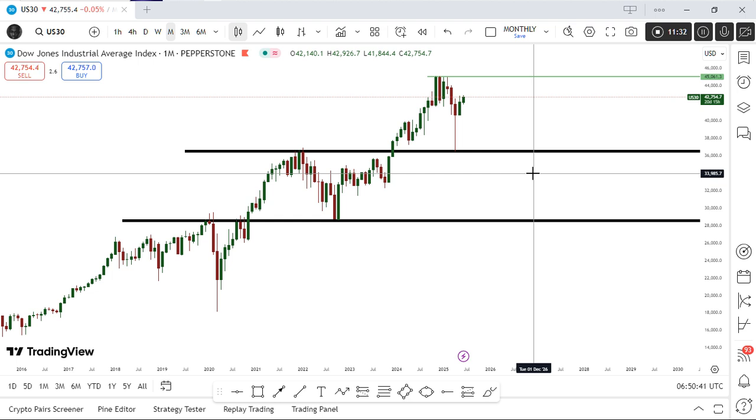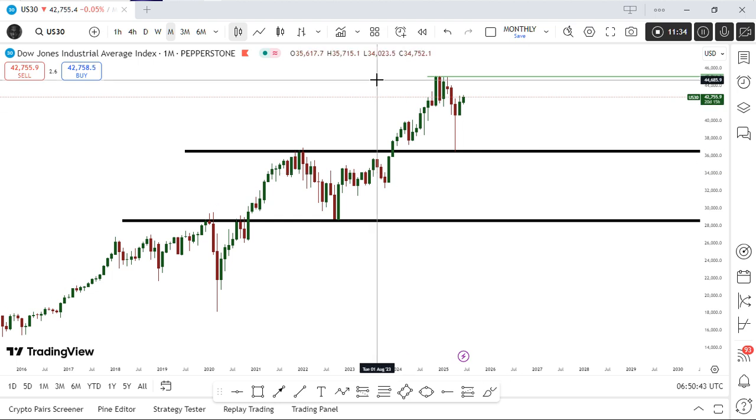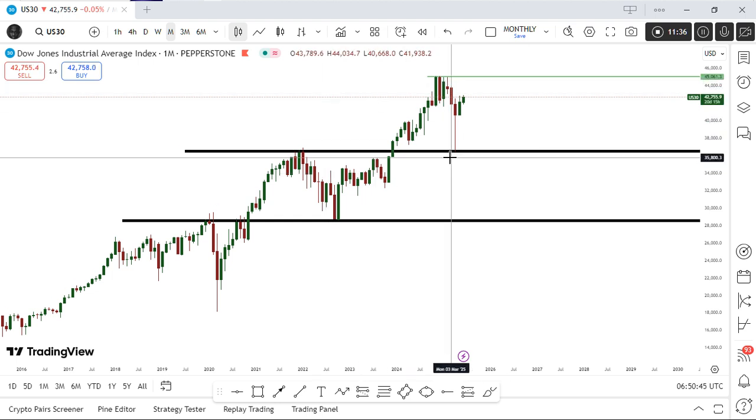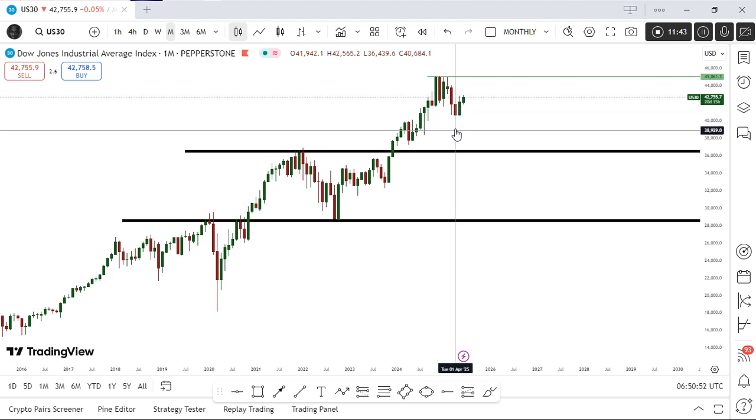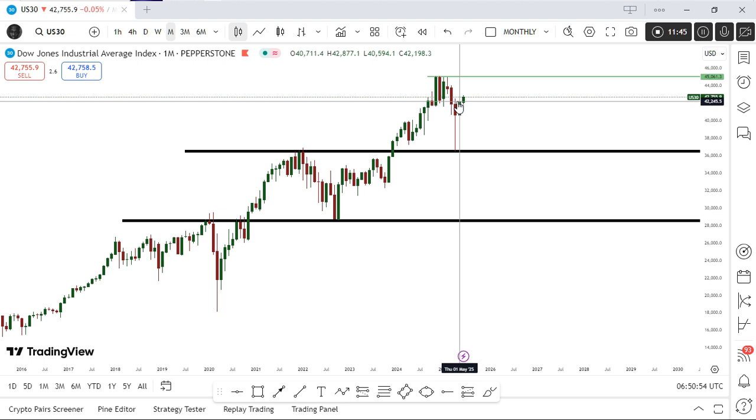And there's another piece of information I'm able to derive from the monthly time frame, the 1 month time frame on US 30, and that is we could see that last month we had a bullish engulfing candlestick. Are we seeing this?